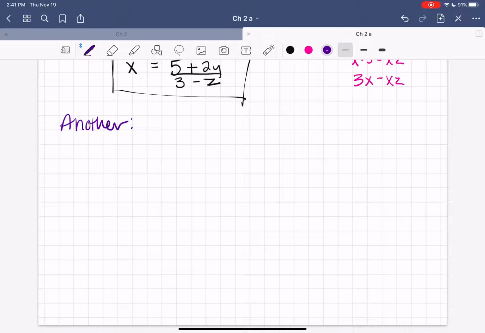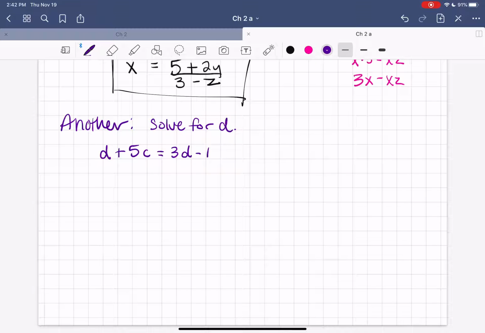For this one, I'm going to do d plus 5c equals 3d minus 1. And I need to solve for d.